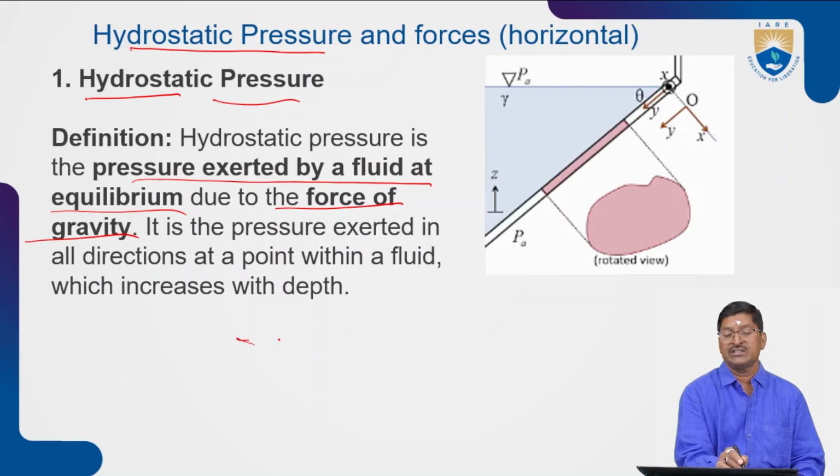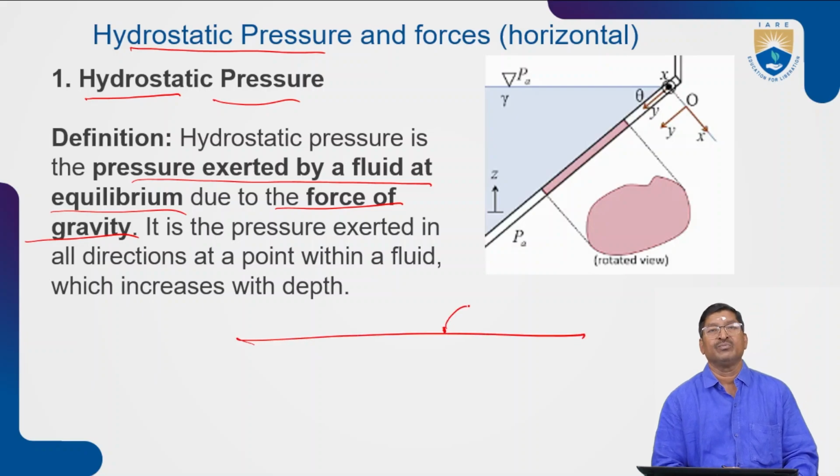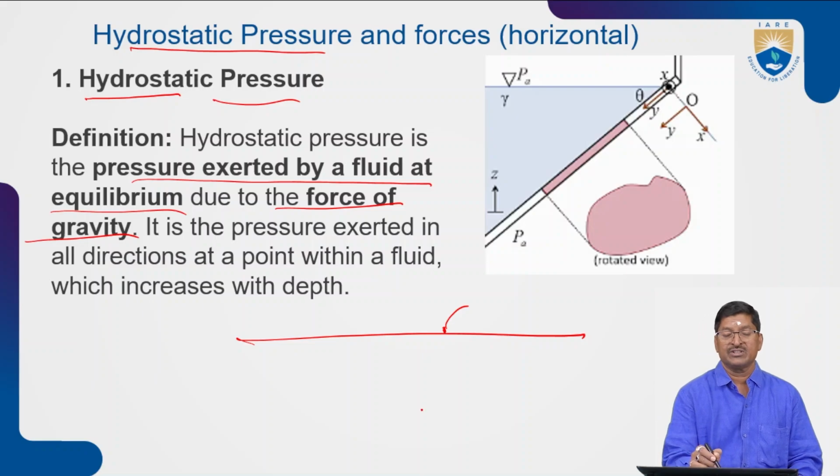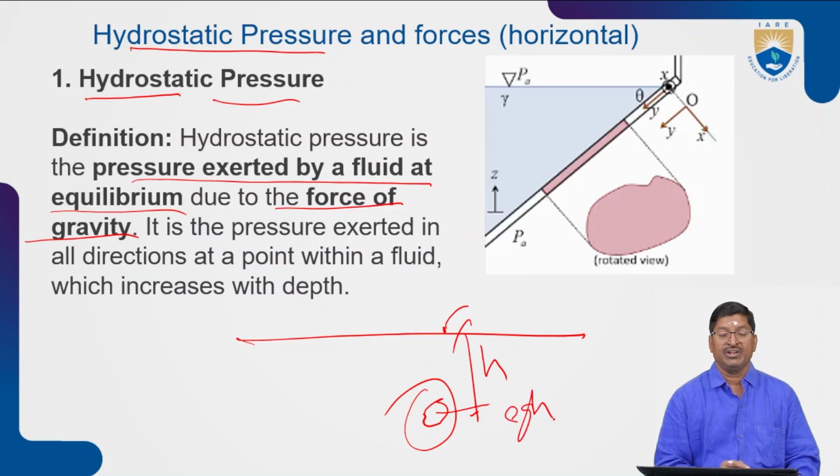If an object is at the surface, there is no pressure at all from the fluid. If some object is at a depth h, then the pressure exerted by the fluid onto the object is equal to rho g h, where rho is the density of the fluid, g is the acceleration due to gravity, and h is the depth of that particular object from the surface of the fluid.